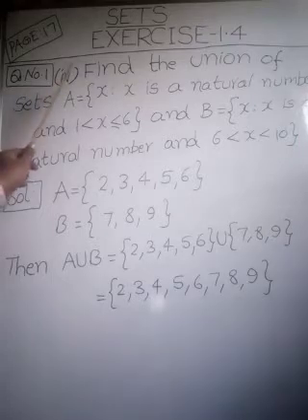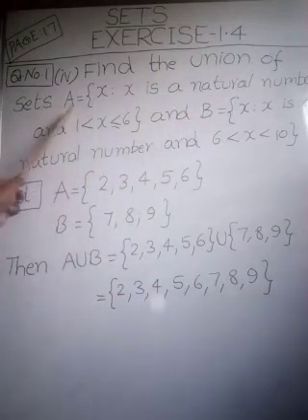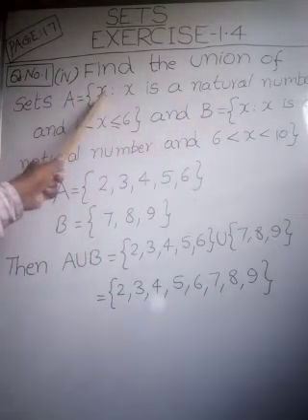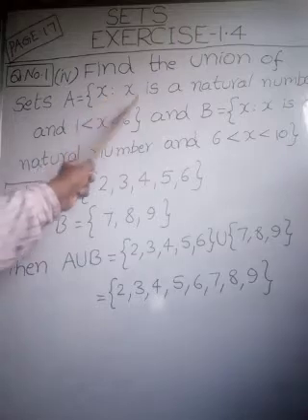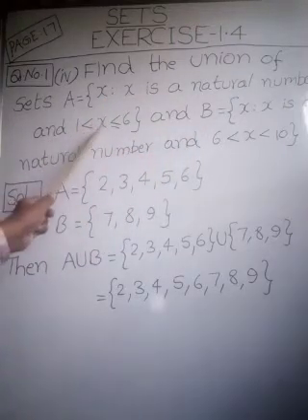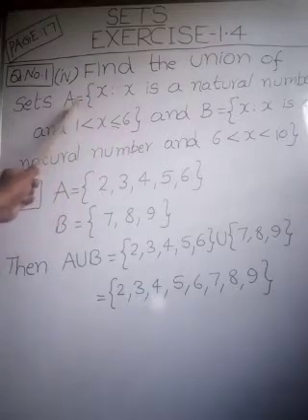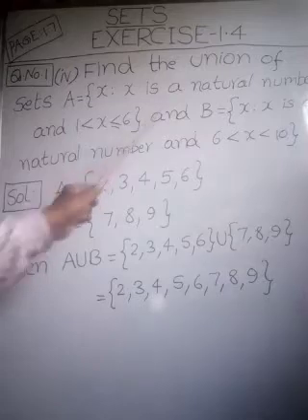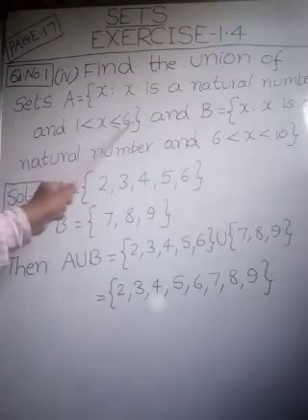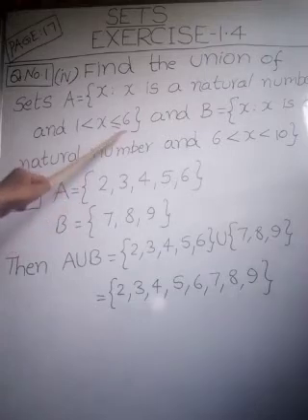Now come to the next question, my dear children. Find the union of sets A is equal to the set of all x such that x is a natural number and 1 < x ≤ 6. Here A is the set of natural numbers lying between 1 and 6, including 6 because the less than or equal to symbol is there.